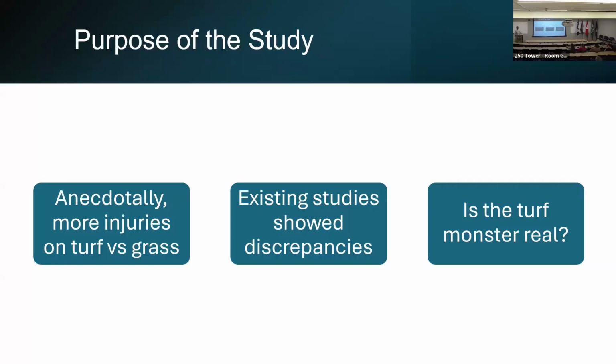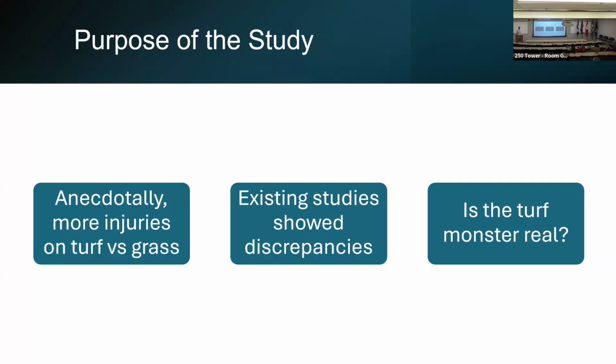The authors note that they are observing more injuries on artificial turf, and that existing studies show discrepancies, where there either isn't a difference or there is a difference. They also note that several of these studies have been funded by companies that profit from artificial turf, so there's potential conflicts of interest there.